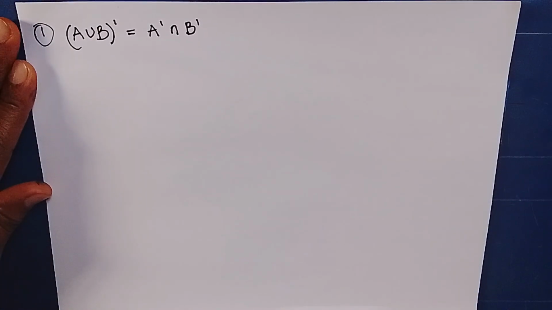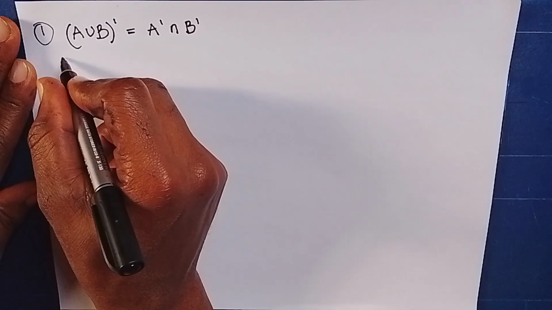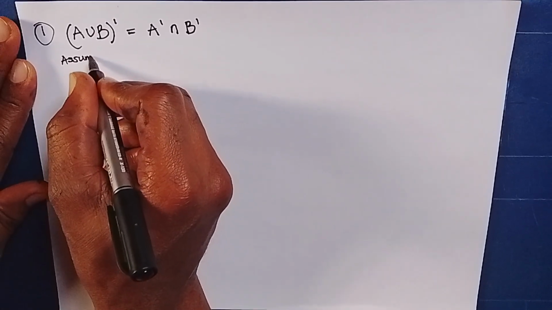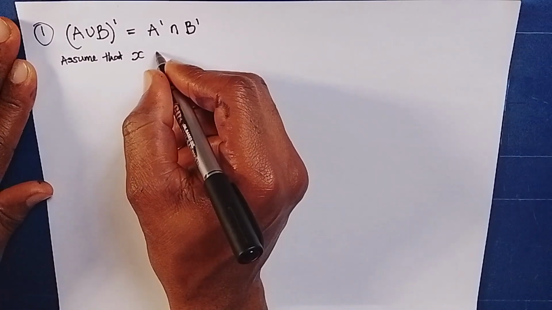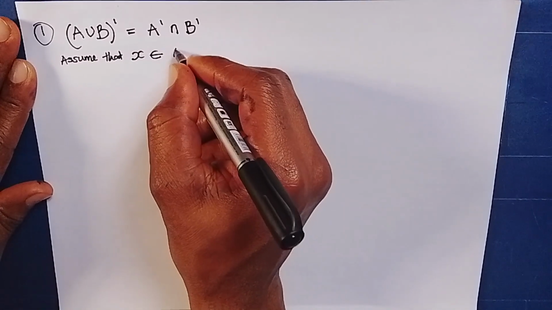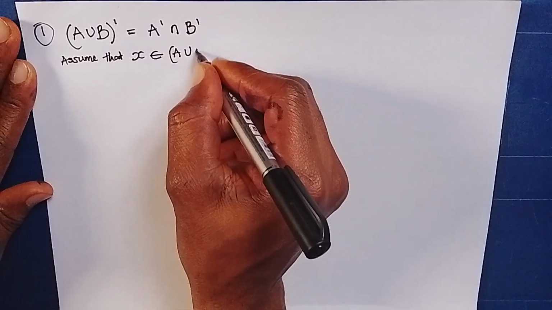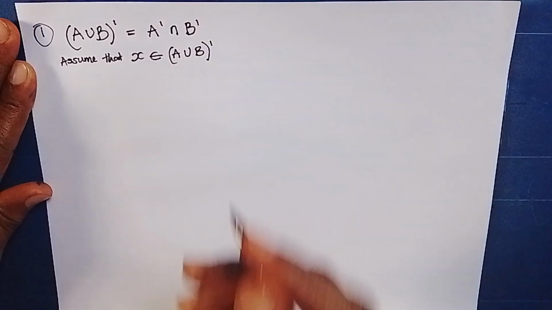How do we do this? We do this using statements. So, we assume that X is a member of the complement of A union B.